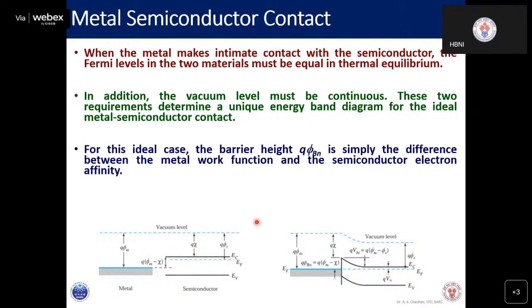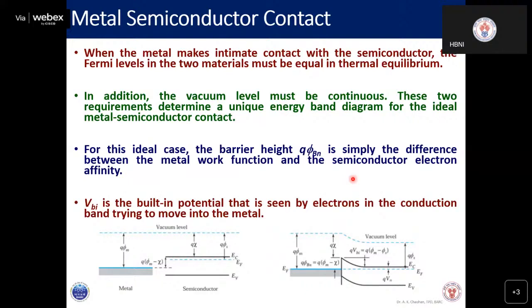So now in our case of metal semiconductor, the barrier height qφBn is simply the difference between the metal work function and the semiconductor electron affinity, as I explained in the earlier slide.